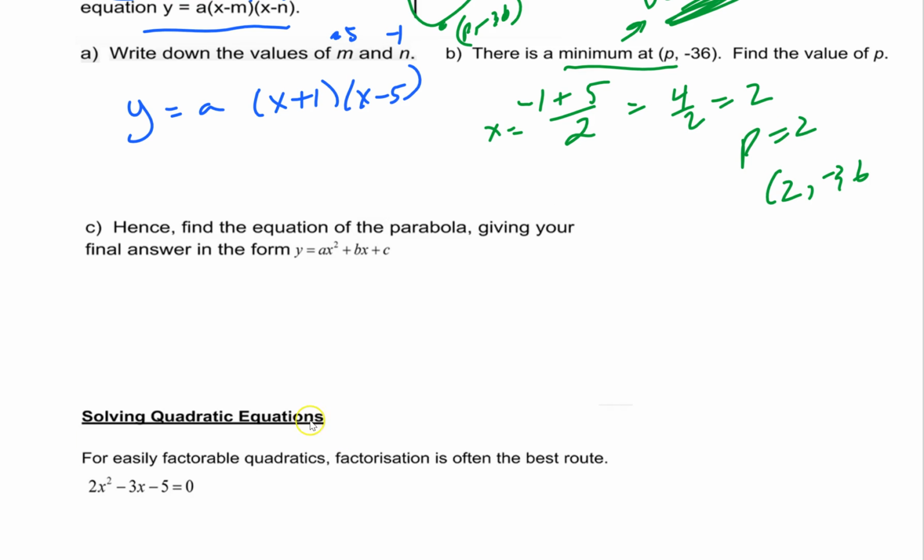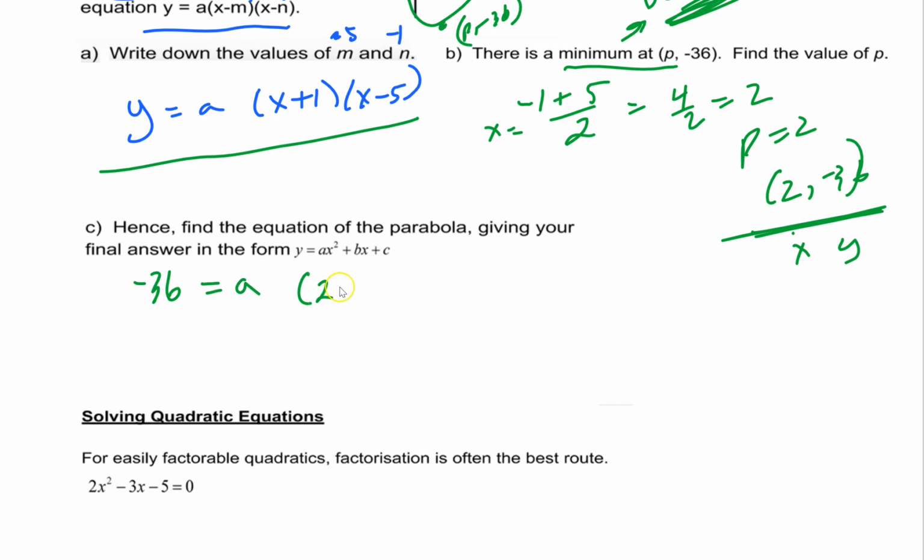And now, find the equation, probably giving your answer in the form of this. So now they want me to find what a is. Now it's a little easier than you think. I have a point right here. I have an x and a y. I still gotta find my a. So all we do is plug it in. So -36 equals a times (2 plus 1) times (2 minus 5).